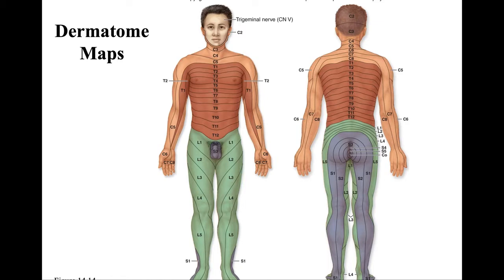So we have our primary order, or first order neuron, that may be damaged. Or at the L3 segment of the spinal cord, you may have damage. That's what a dermatome tells the doctor: is it the primary neuron up to that spinal cord segment of L3 that's damaged, or is it thereafter, all the way up to the brain?